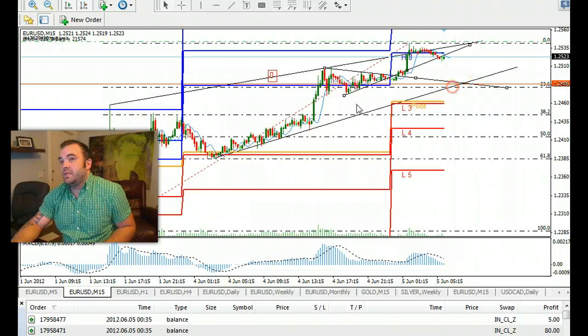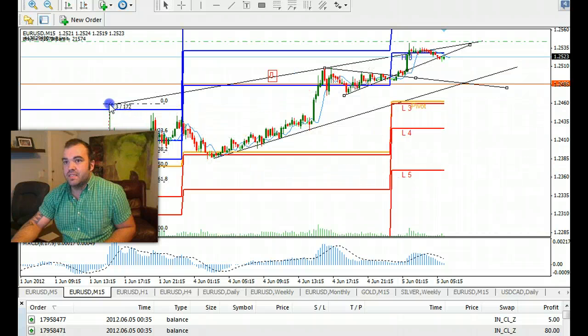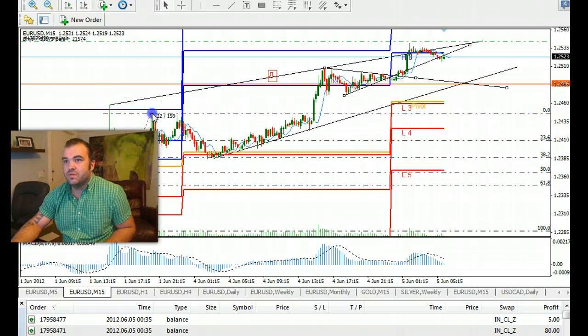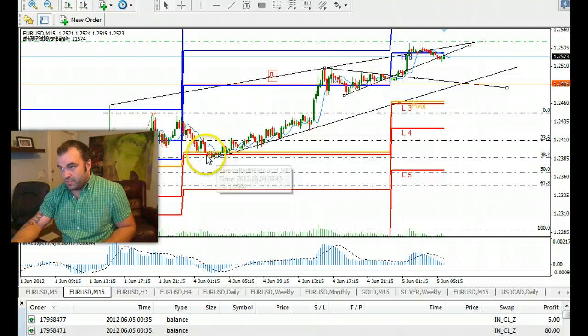But anyway, you can see how flat this was when I did this yesterday. The 38.2, it had to stay very flat to only hit the 38.2. And actually, if you take it from the proper end of this move, you can see that it only hit the 38.2 exactly. So A, B, C, exactly the 38.2, and up we went.